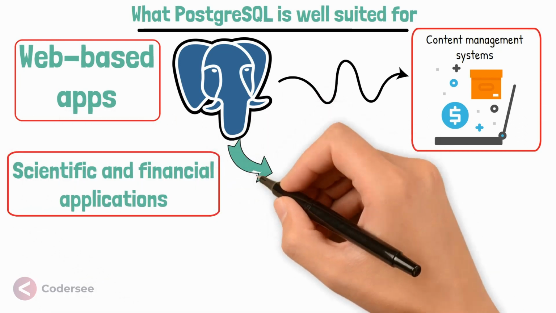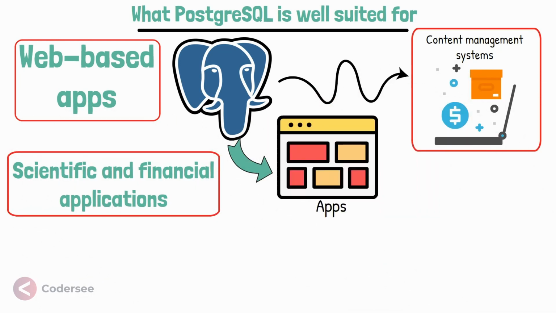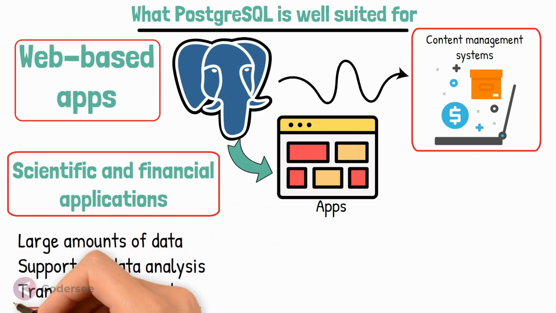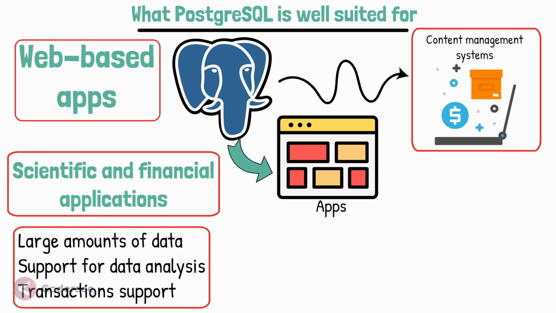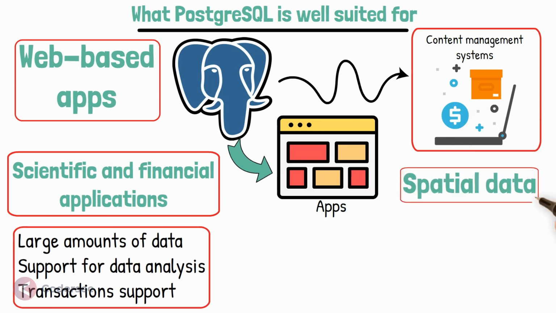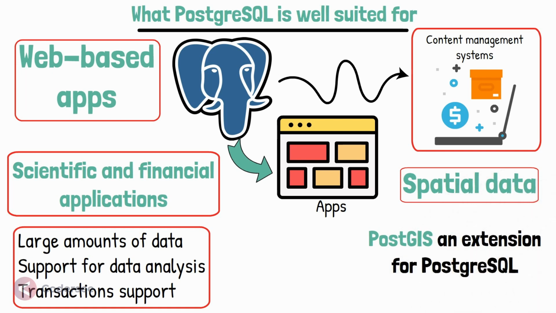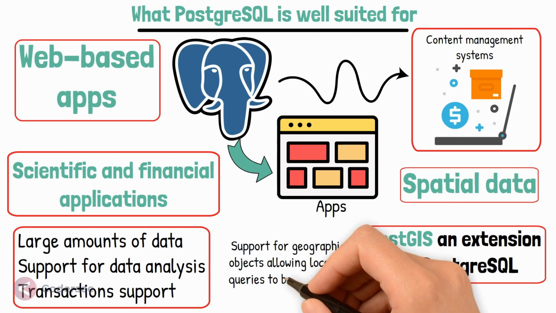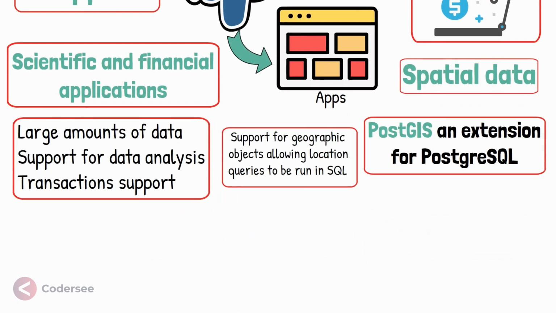Postgres is often used in apps which require processing large amounts of data, support for data analysis, and transaction support. Moreover, everywhere where we need to process spatial data. PostGIS, which is an extension for PostgreSQL, adds support for geographic objects, allowing location queries to be run in SQL.